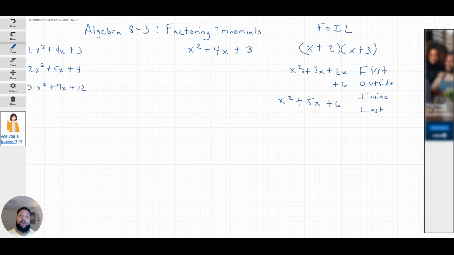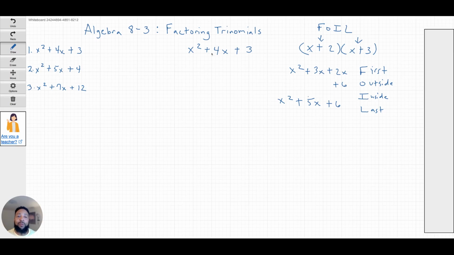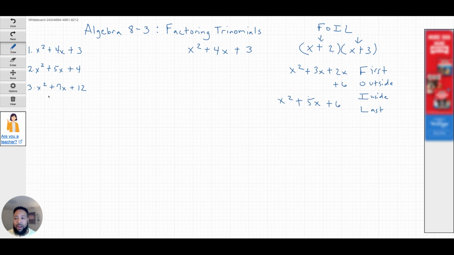That's what's going to help you solve when you factor trinomials. So x plus 2 times x plus 3 is x squared plus 5x plus 6. So we found that multiplying two binomials here and here gives you a trinomial. So now how is that going to help us when we factor? We're just going to do what we just did in reverse based on the pattern. Remember, the pattern for this one is 2 plus 3 gave me the 5. 2 times 3 gave me the 6. All right.